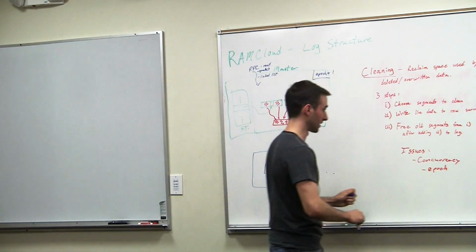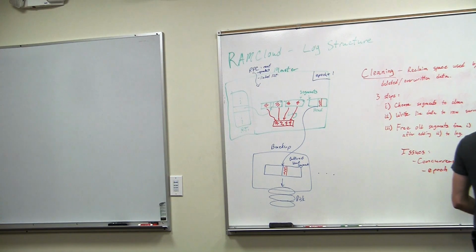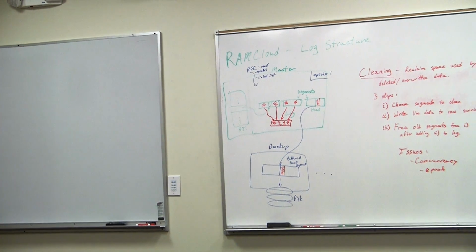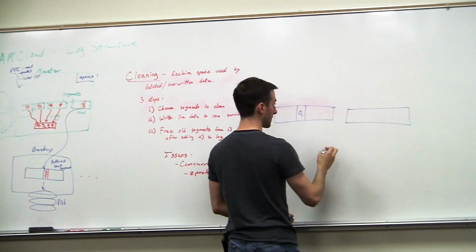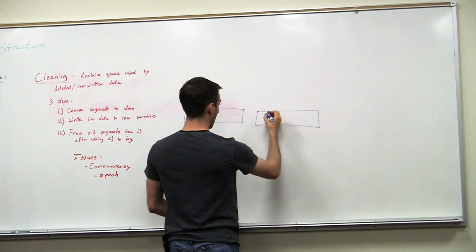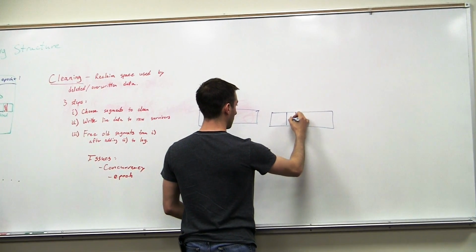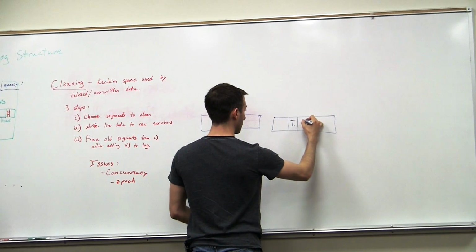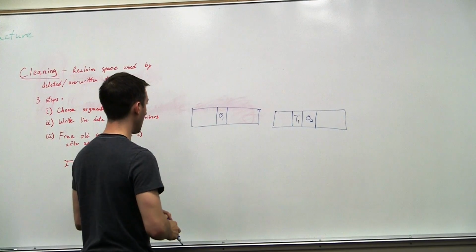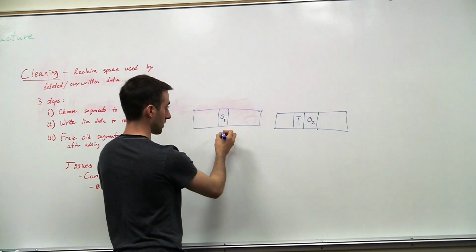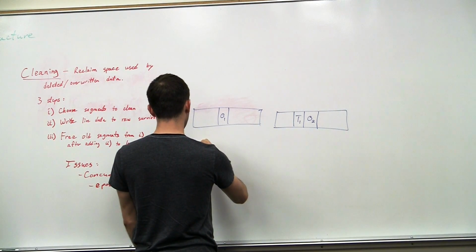So let's draw out a situation. You're saying I have a version of some object. I overwrite it in some other segment. I write a tombstone, and I write a new version. And the cleaner concurrently moves this one to another segment.